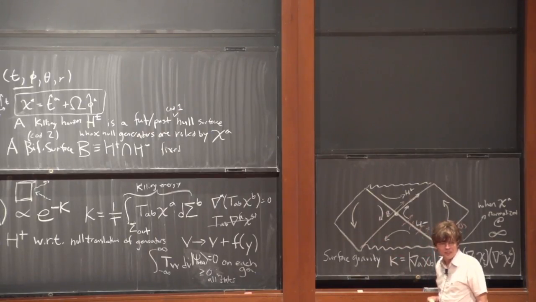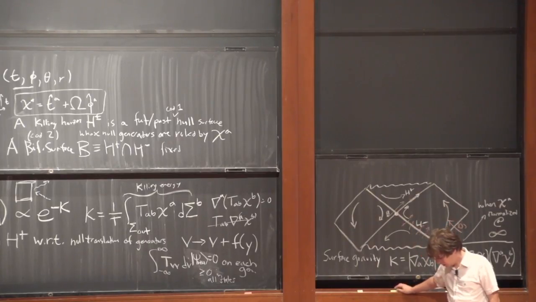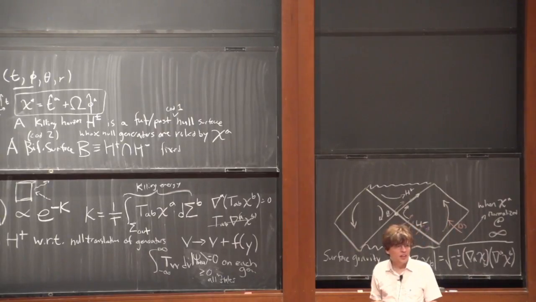Sorry. Here's the question, how do we know that ANEC is satisfied in this bulk setup? We only proved it for flat space or something. A lot of the proofs are discussed in flat space, but the recent proofs by various people named Tom, I think, could be extended to this case without too much difficulty.